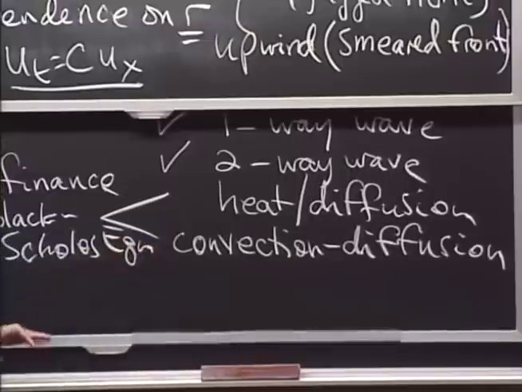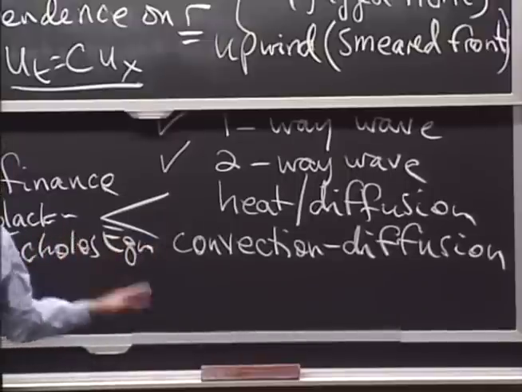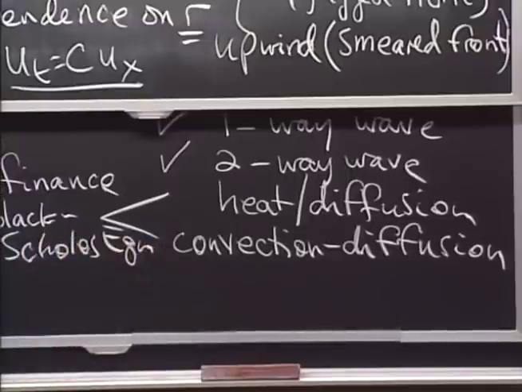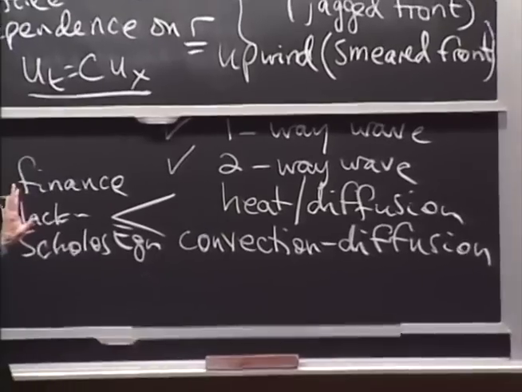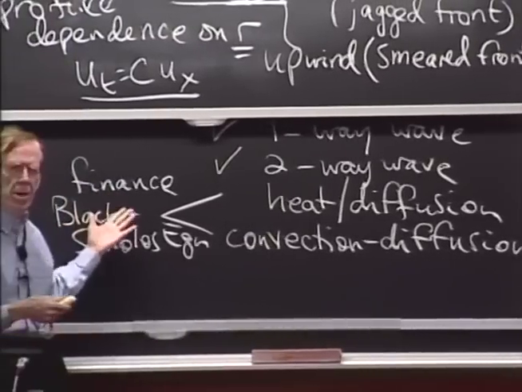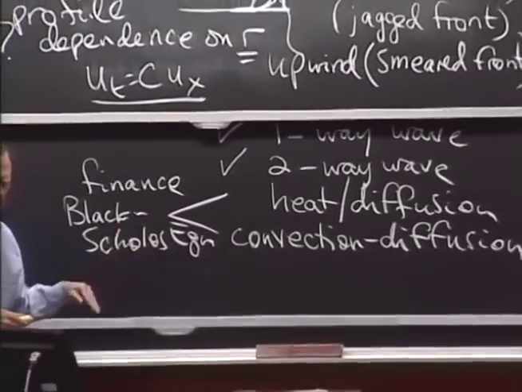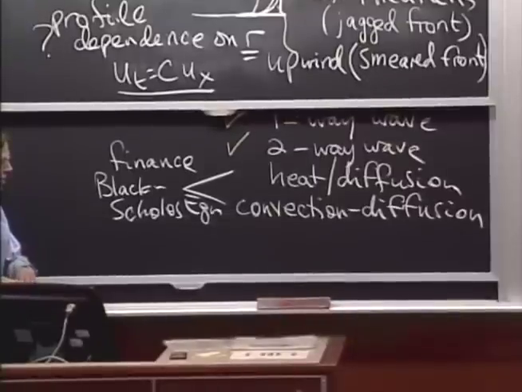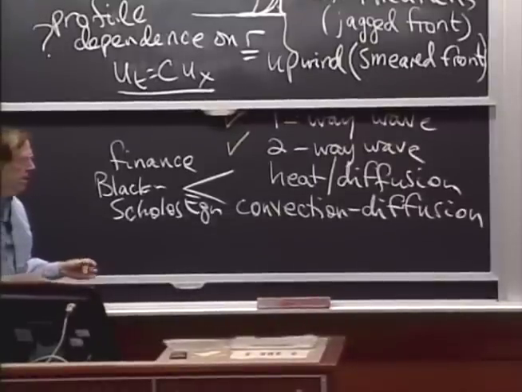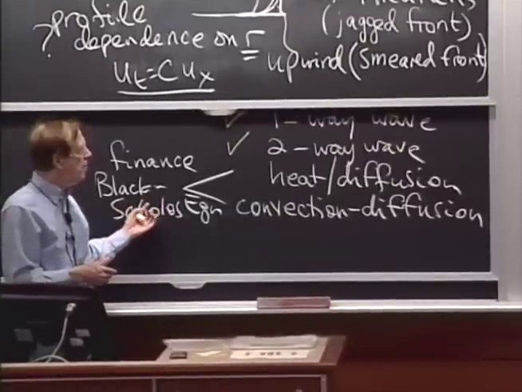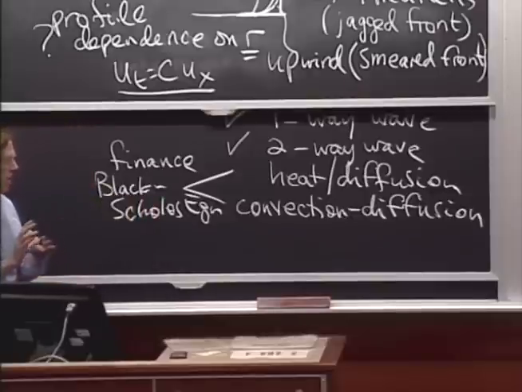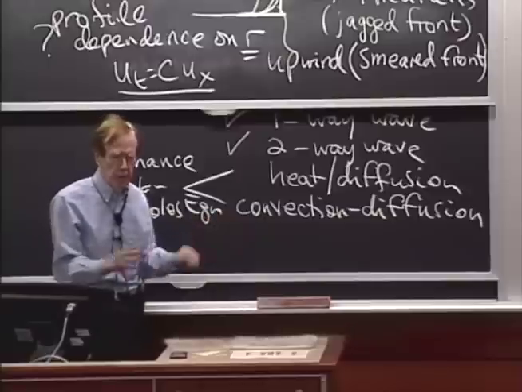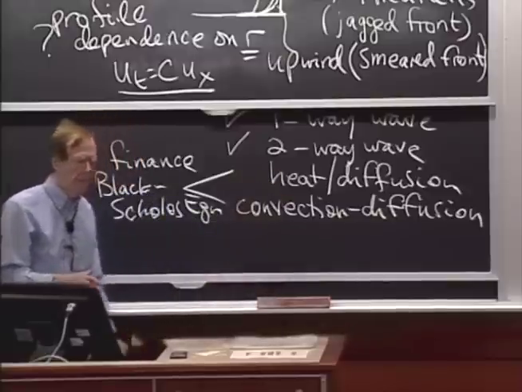So you probably know that a lot of effort and a lot of money are going into the valuation of options and other financial derivatives, and that this Black-Scholes equation beautifully reduces to the heat equation.